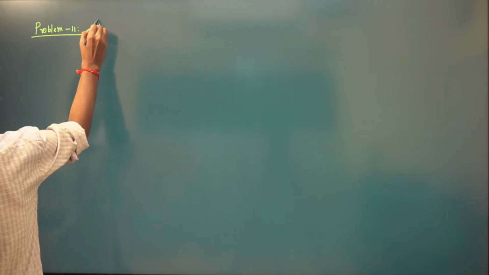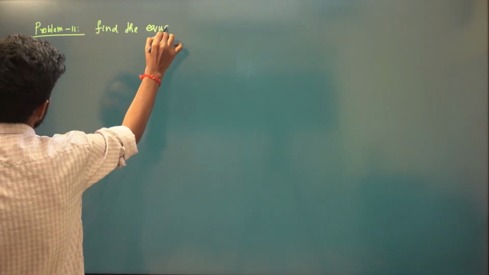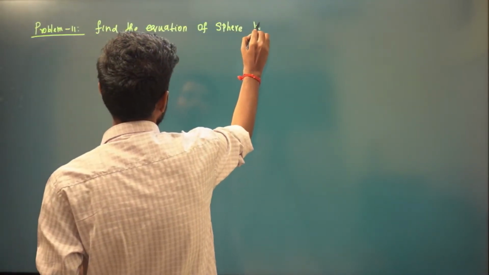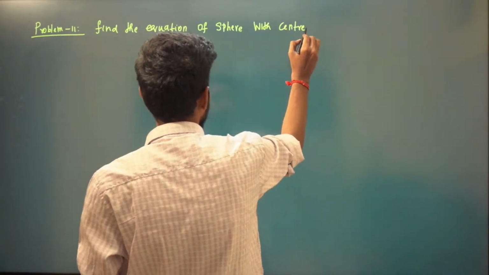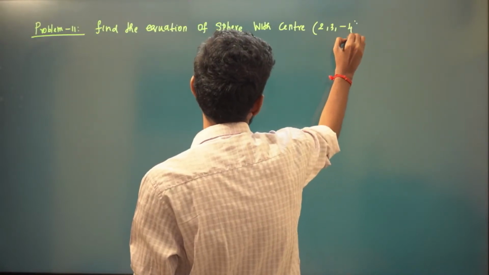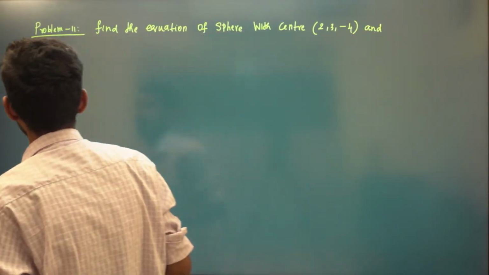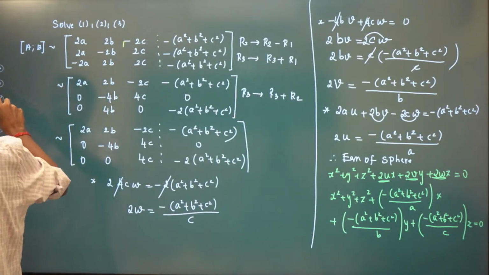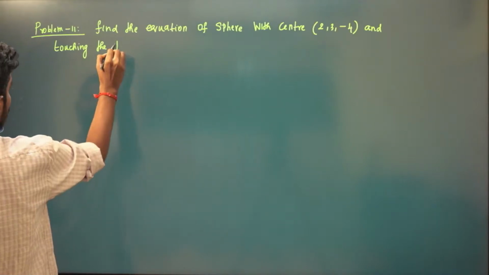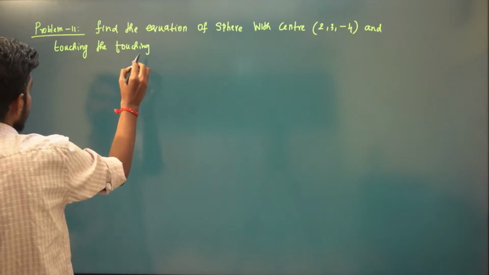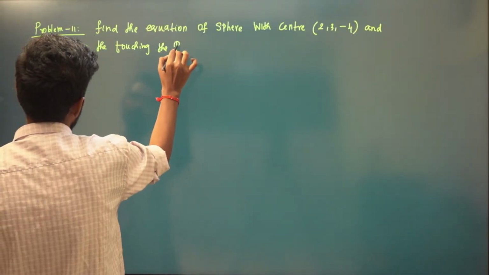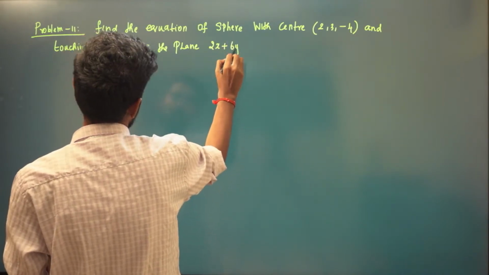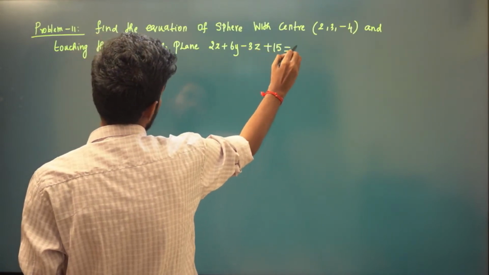So find the equation of sphere with the center 2 comma 3 comma minus 4 and touching the plane 2x plus 6y minus 3z plus 15 is equal to 0.